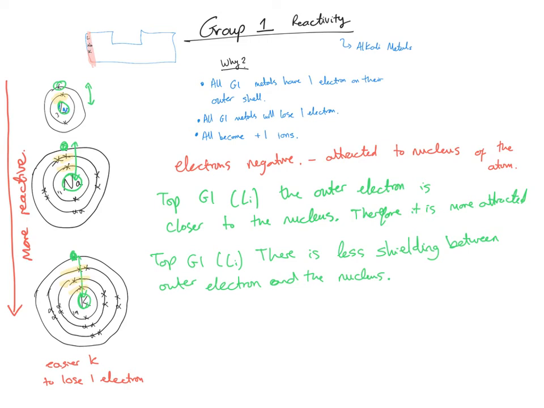If there's less shielding, it means this outer electron is more attracted to the nucleus. Here, there's loads of shielding, so this outer electron is less attracted to the nucleus. So at the top of group 1, there is less shielding between the outer electron and the nucleus, therefore there is more attraction to the nucleus.